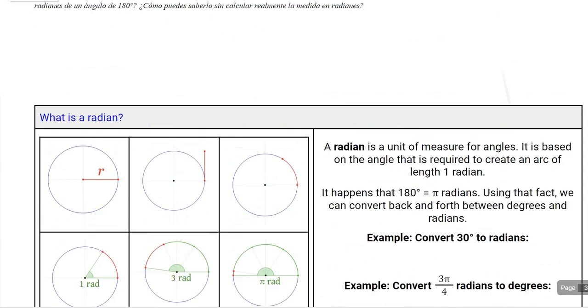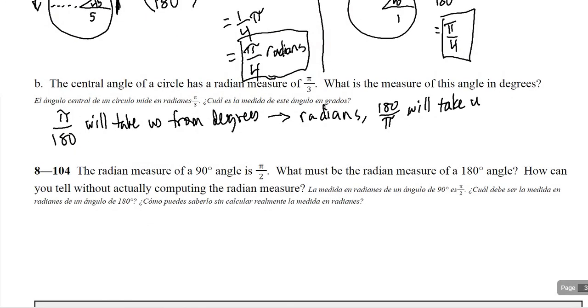Next, the radian measure of a 90-degree angle is pi over 2. What must the radian measure of 180 degrees be? Well, we've actually been using this piece of information. 180 degrees equals pi.